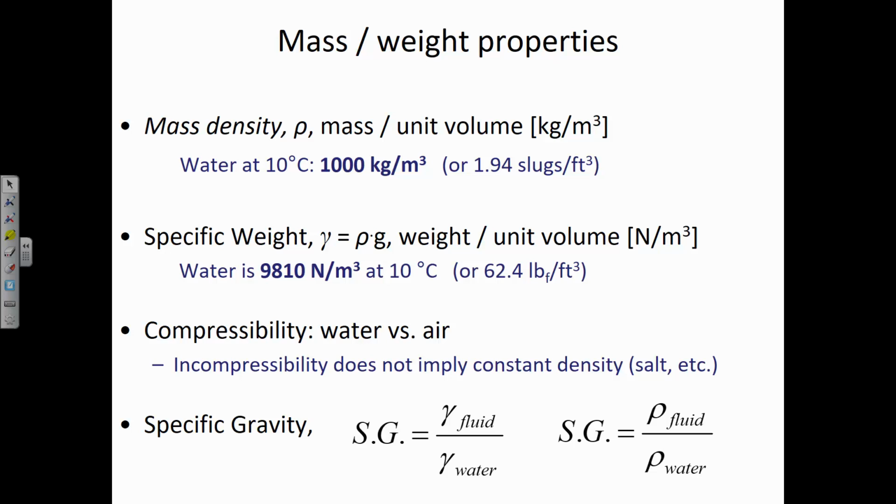With specific gravity, we're just trying to compare things to water as our baseline. And it doesn't matter if you have the ratio being a ratio of specific weights or a ratio of densities. We always think about how oil floats on top of water, right? The fact that it floats on top of water helps us to know that it's less dense than water.